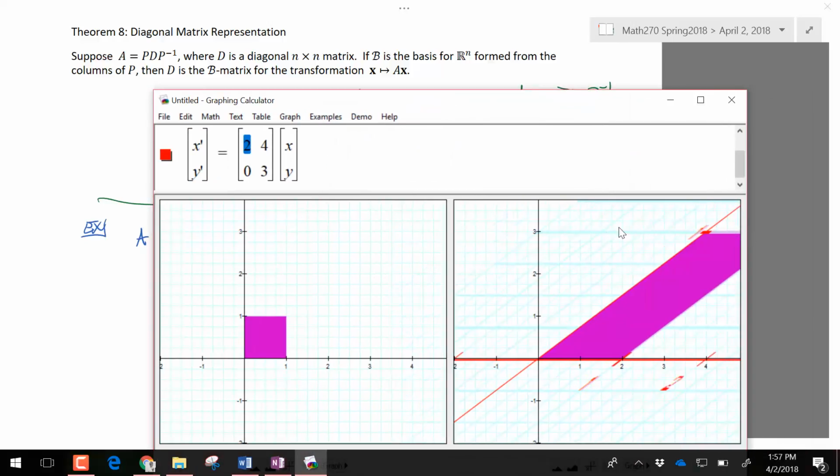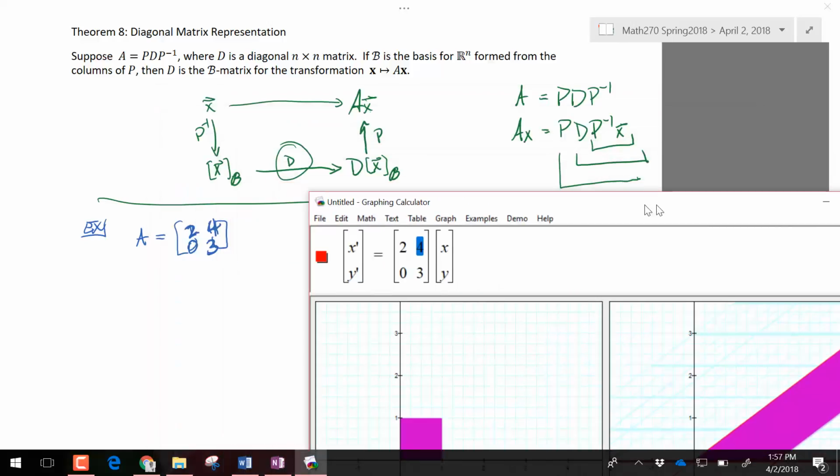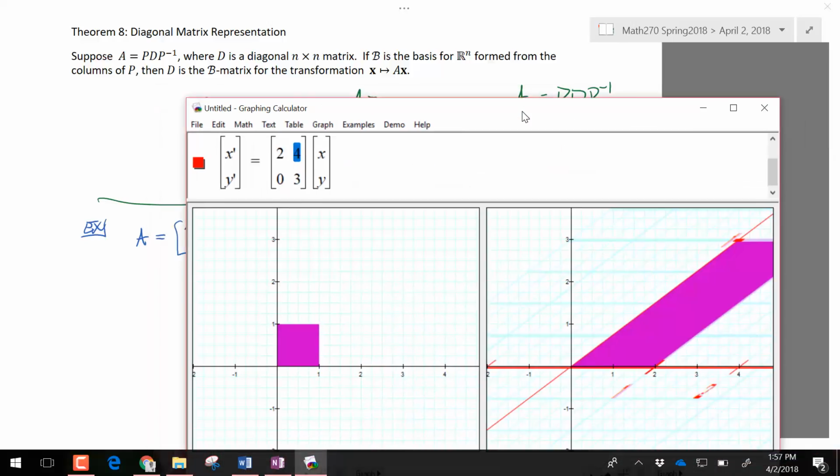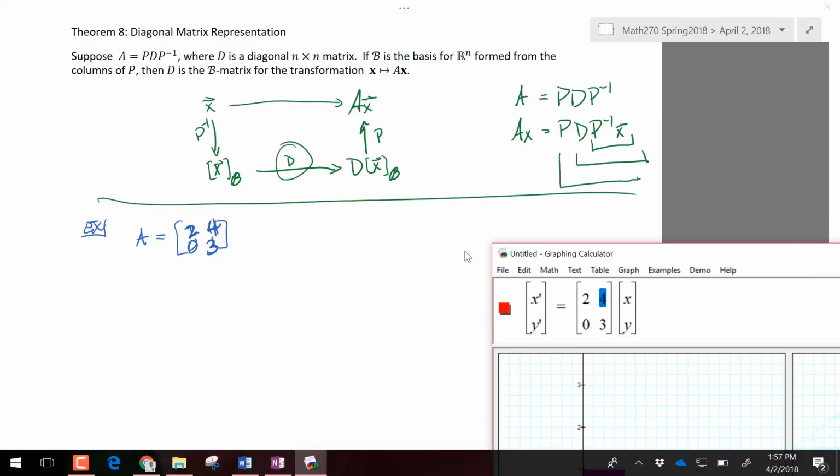The height of that transformed figure is now 3, and then we skewed it by 4, so it got moved over by 4 units. Okay, so that's a fairly easy linear transformation that we've been dealing with. So that's a general picture of what's happening.